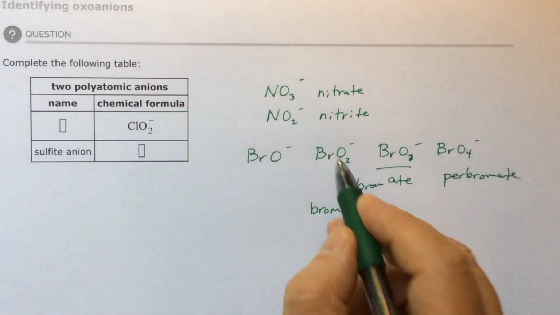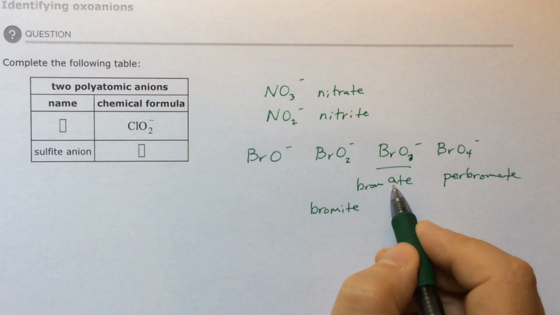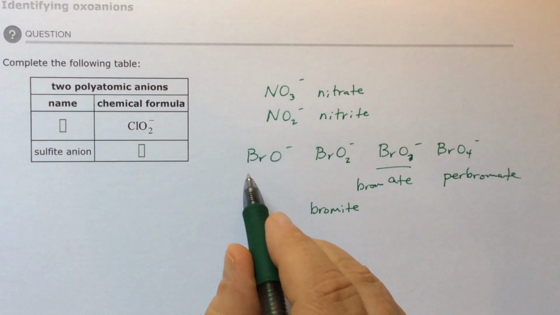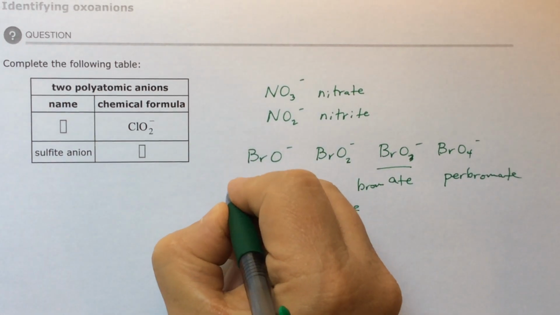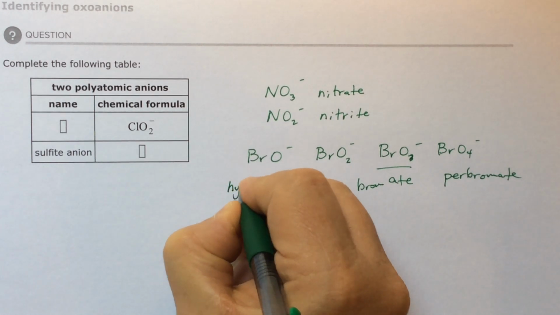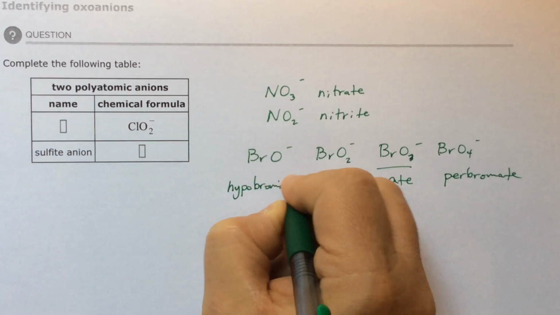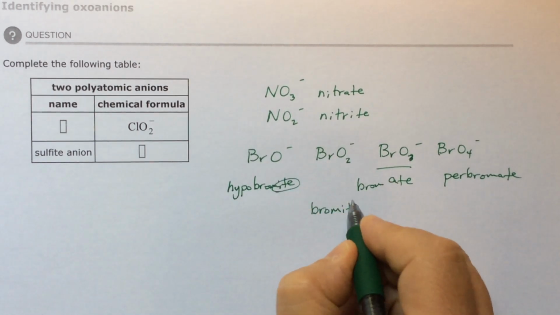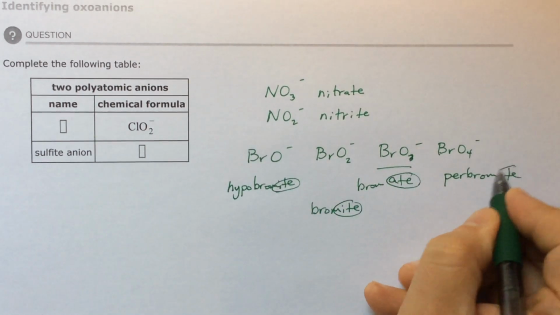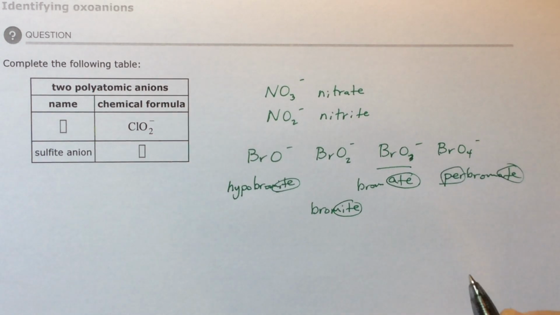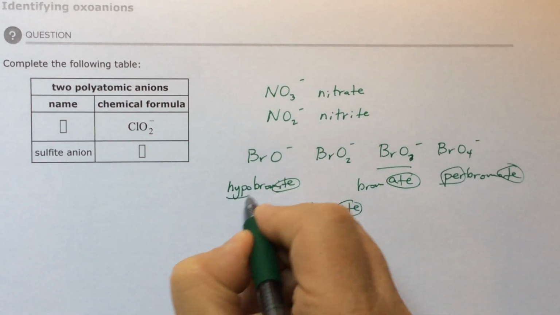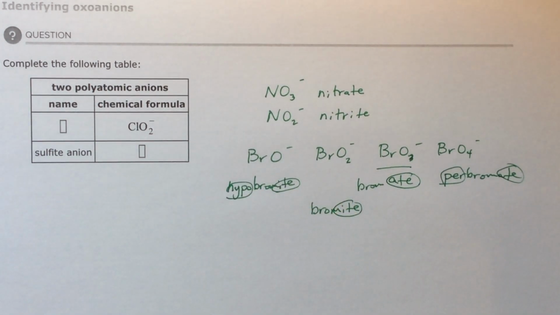And then bromite is the one lesser than bromate. And if you're going to have one lesser than that, you have to have the prefix hypo, hypobromite. So these are "ites," these ones are "ates." The top one has "per" in front of it, and the very bottom one has "hypo" in front of it.